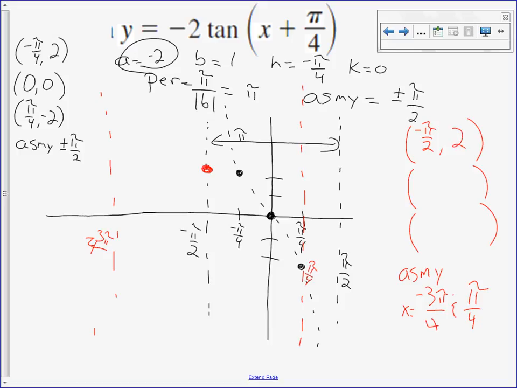Instead of being at 0, it is now at negative pi over 4. Instead of being at pi over 4, it is now at 0. As I'm shifting my points on my graph, I'm writing down the ordered pairs. Connect the dots. And that's a shifted tangent.